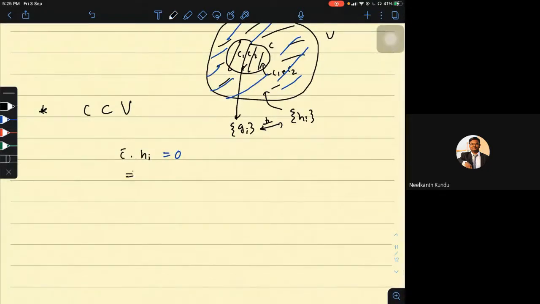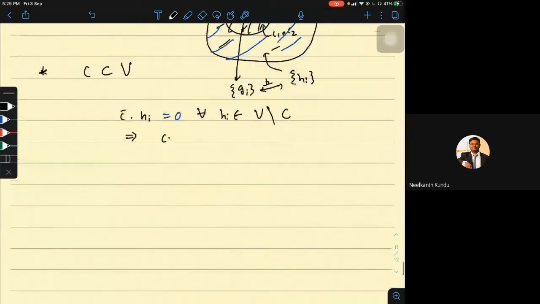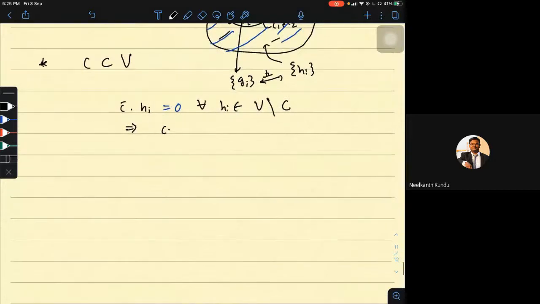So this leads to, for all hi belongs to V minus C, the following condition, where I can write all these vectors in matrix form.